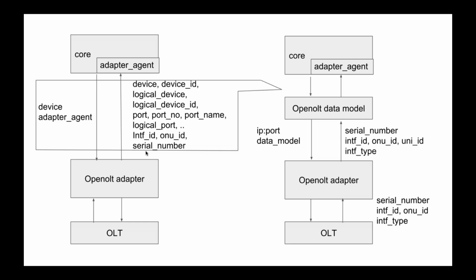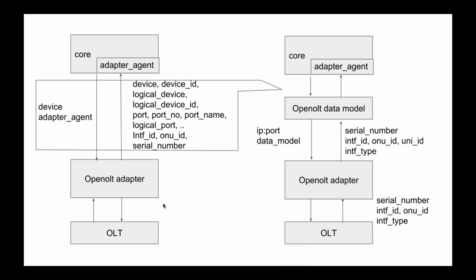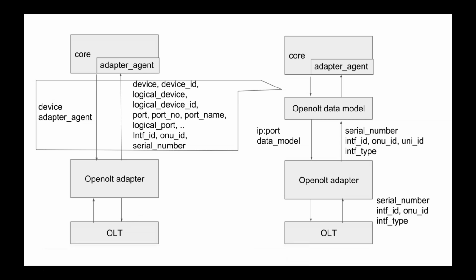But if you look at the interface between the adapter and the device, this one down here, which is the openolt API, it is a bit more disciplined in the fact that ONUs are referenced by either serial number or by the interface ID and the ONU ID.